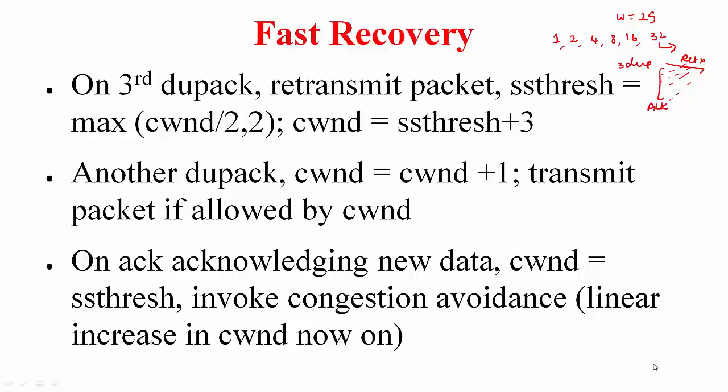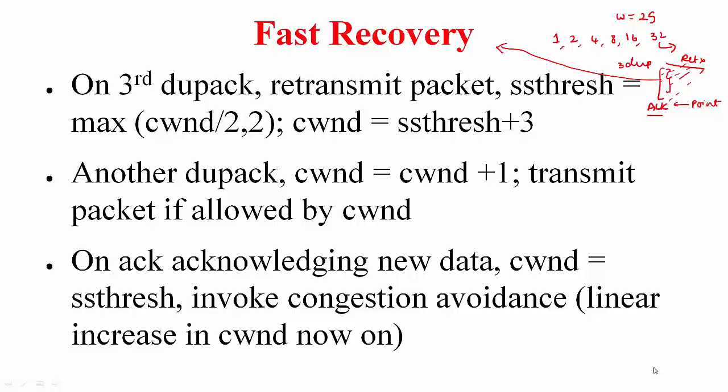So fast recovery does something clever by utilizing these duplicate acks to ensure that the pipe doesn't go empty and thereby preventing the need to do slow start at this point. So the phase from when you retransmit the packet till you get an acknowledgement for that packet is where the fast recovery phase lasts.